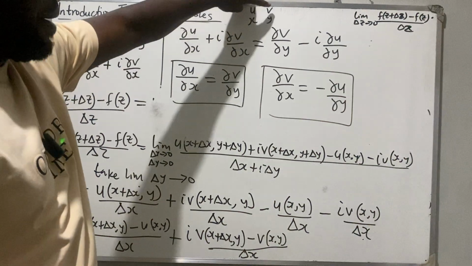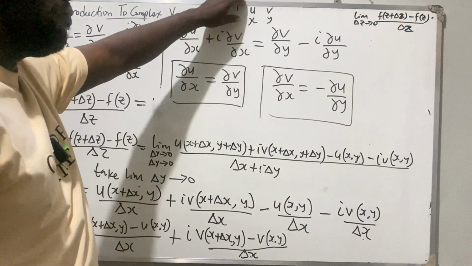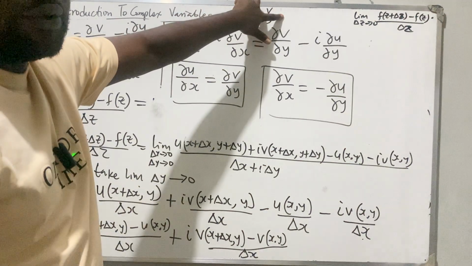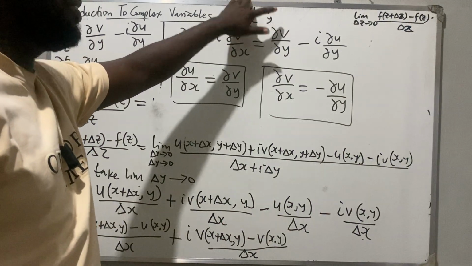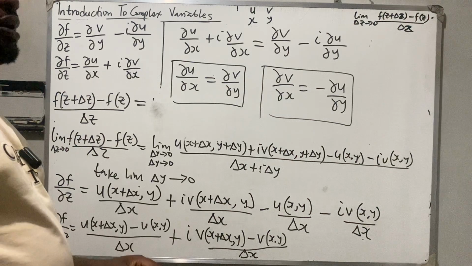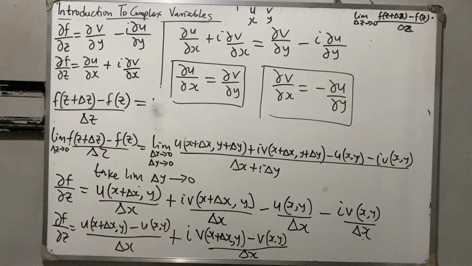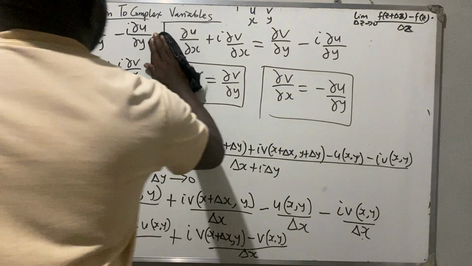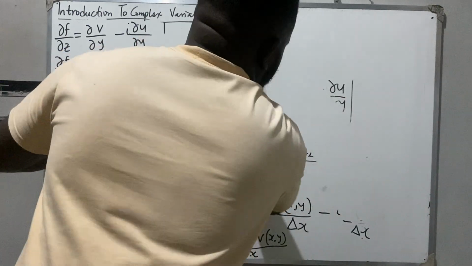But if it is partial v partial x, it will be minus partial u partial y. Or if you say partial u partial y will be equal to minus partial v partial x, any one you like. So when they are not proper, they will be minus, but if they are proper, they won't be minus. That is how I remember it. Okay, so let us now solve some questions to illustrate what we have been writing so far.